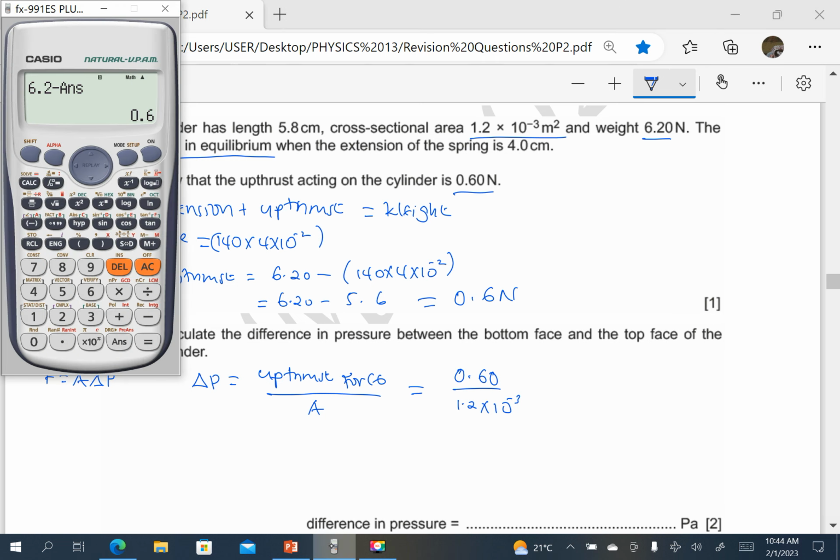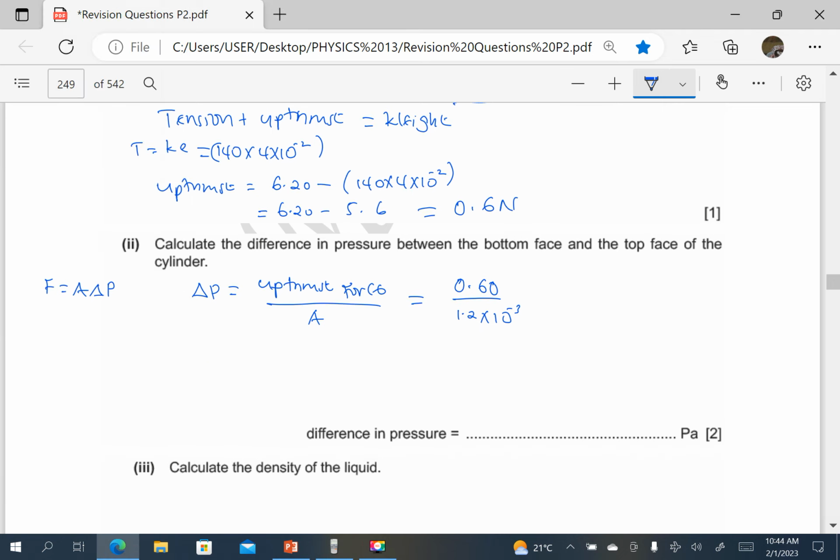We can check on our calculator: 0.6 divided by 1.2 exponent negative 3 gives us 500. So the difference in pressure is 500.